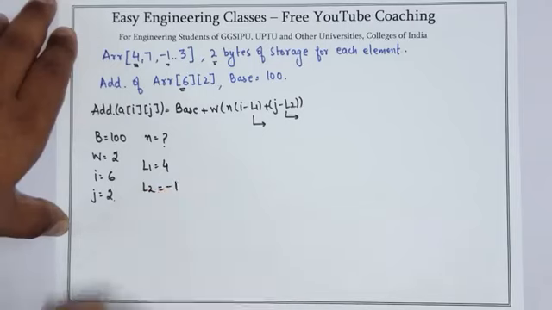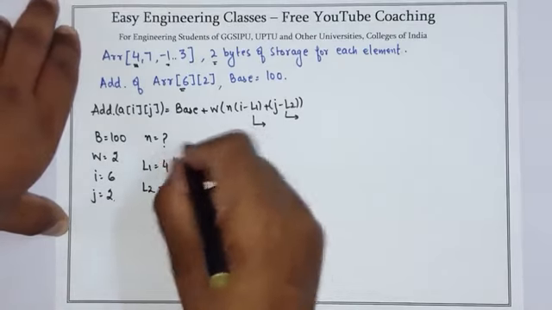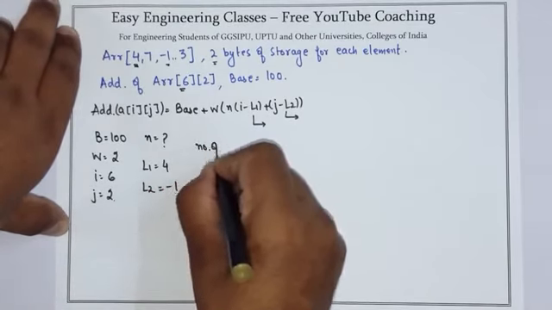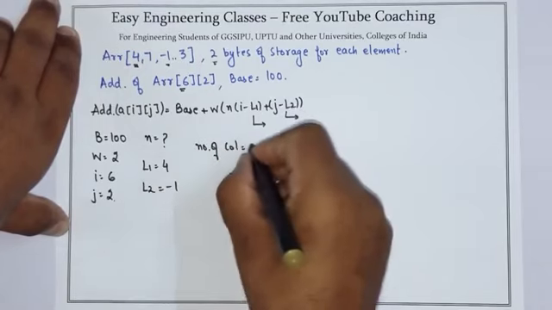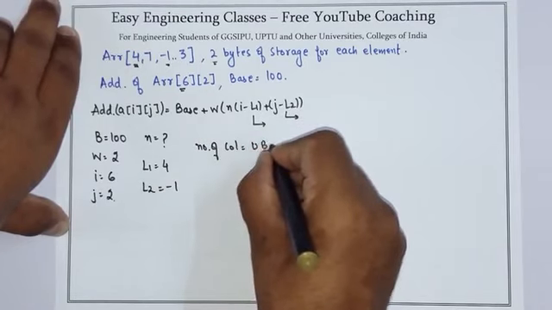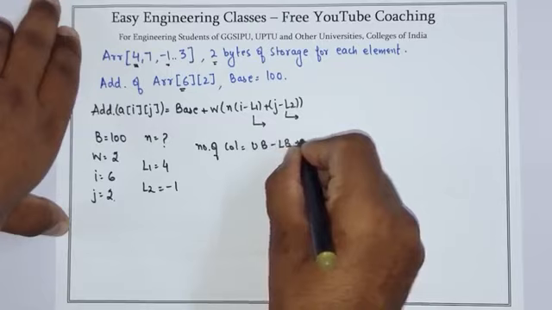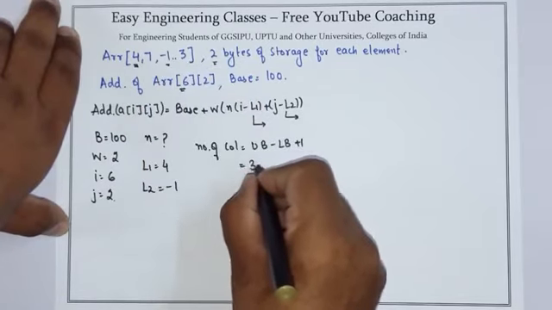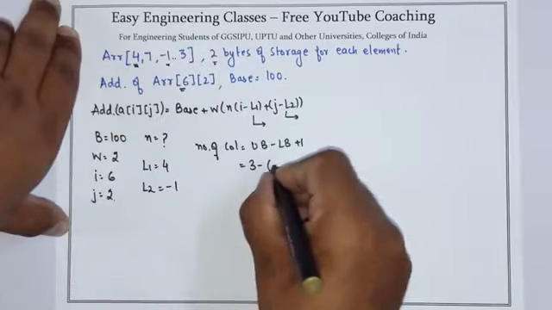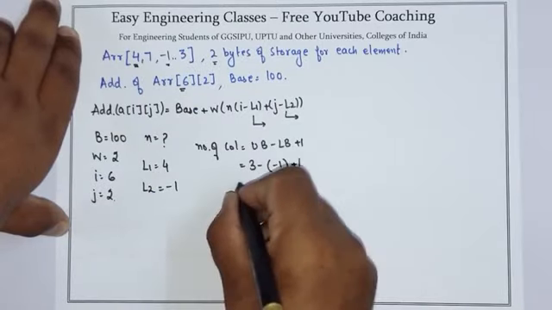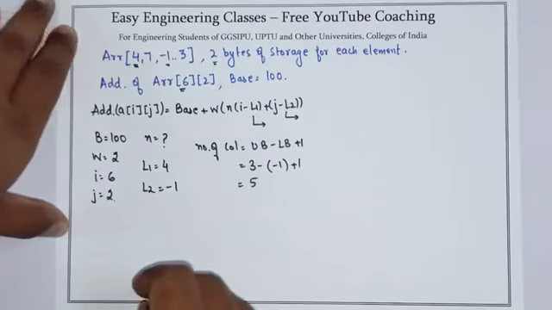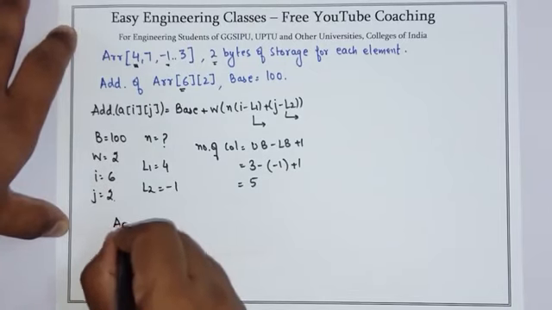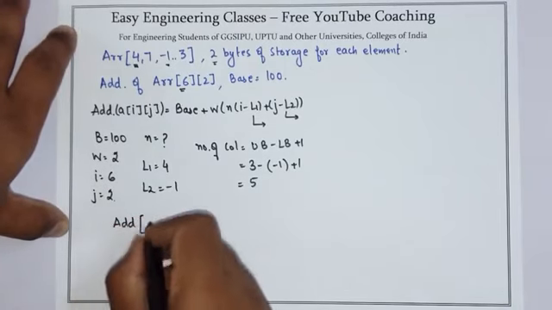So L2 is minus 1 and the number of columns is equal to upper bound minus lower bound plus 1. So upper bound of column is 3. Lower bound is minus 1. So the number of columns is 5.